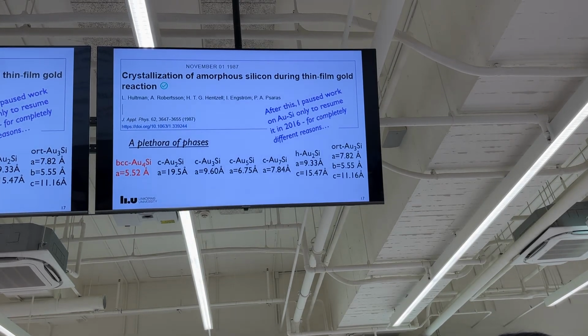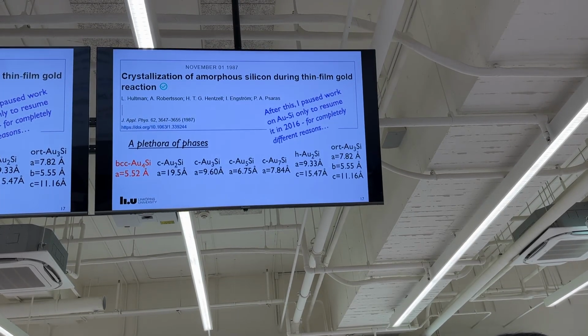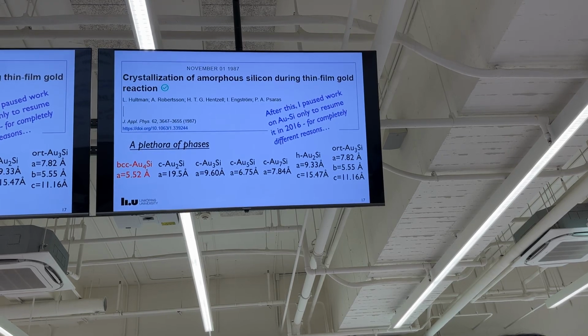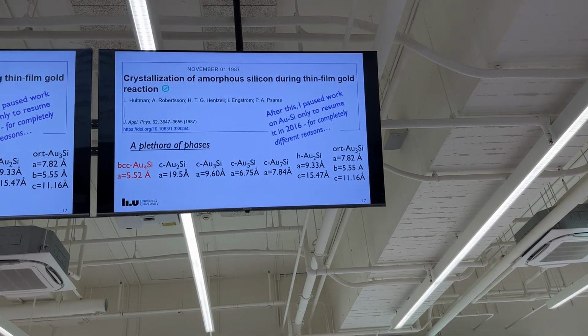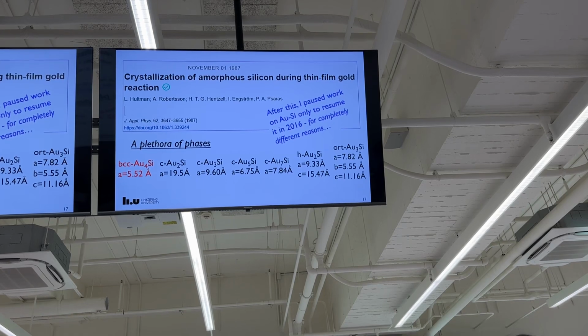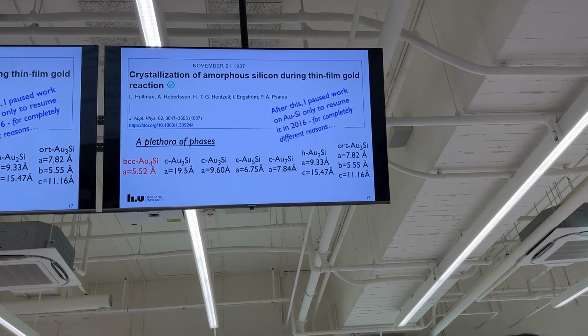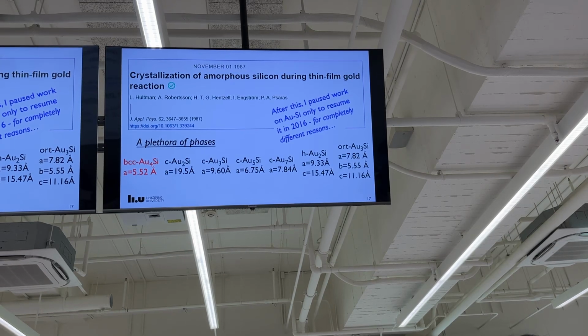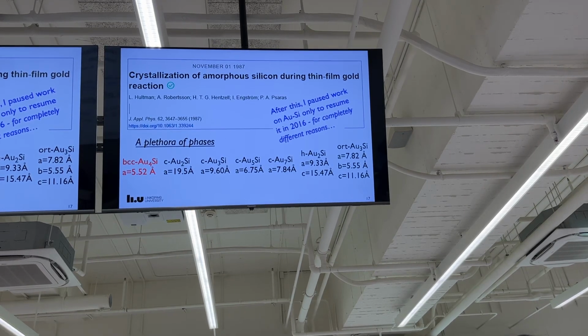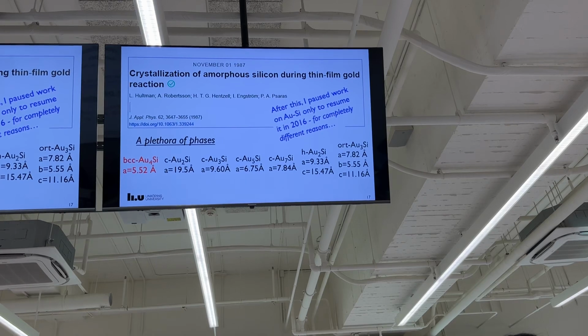But then many years later, like 2016, we came back to this MAX phase gold intercalation, and I recollected all my classes in metallurgy and this phase diagram. So now I realize what is happening and why it will not form a good electric contact to silicon carbide.